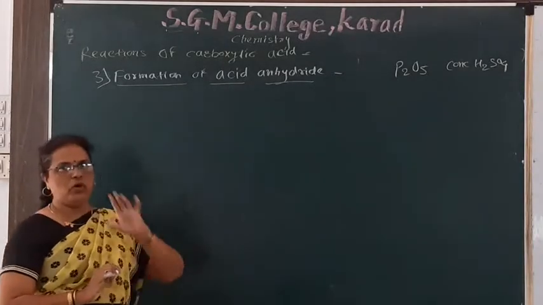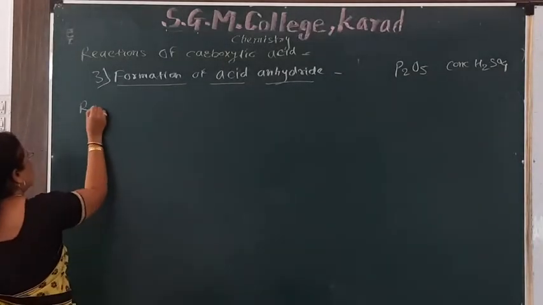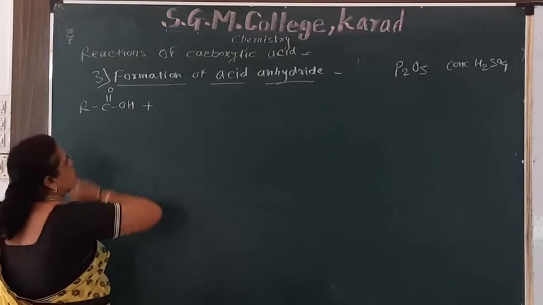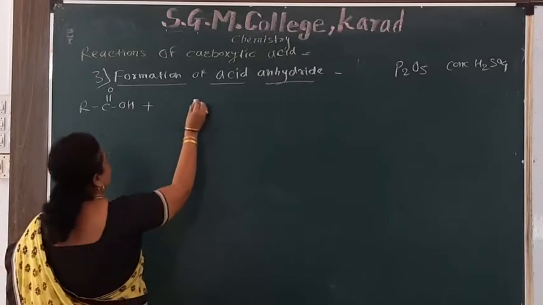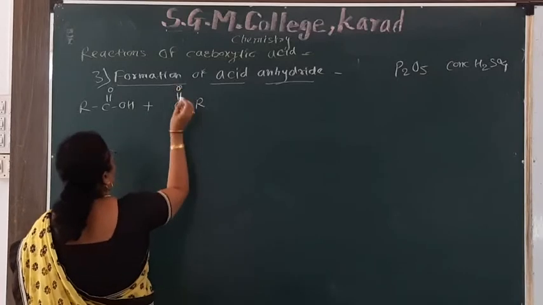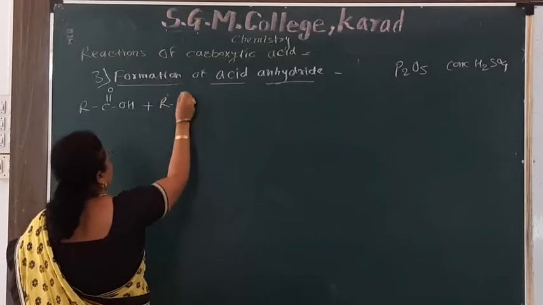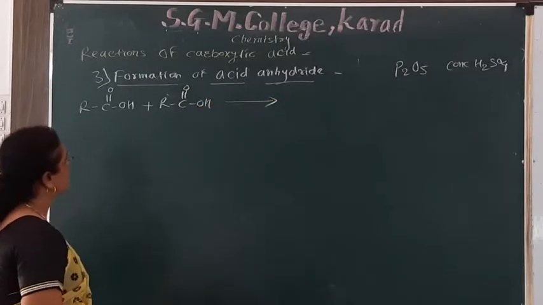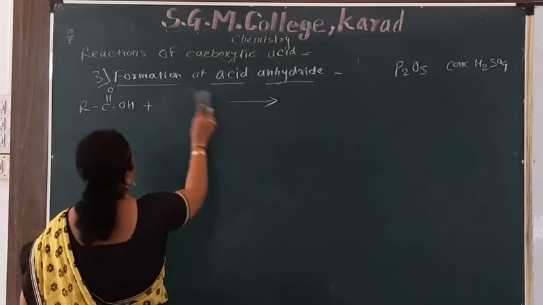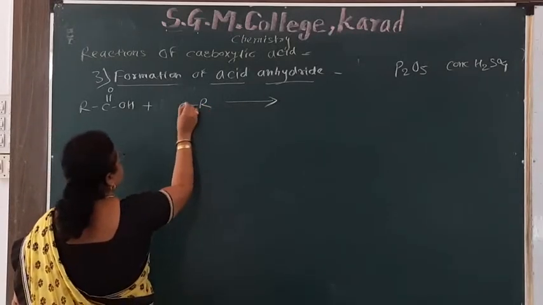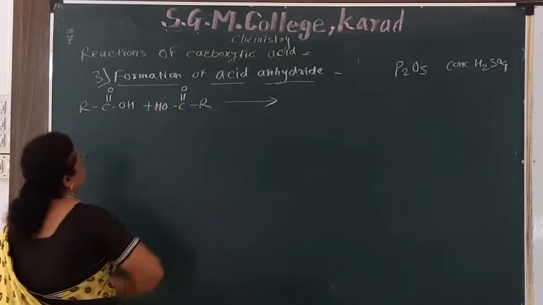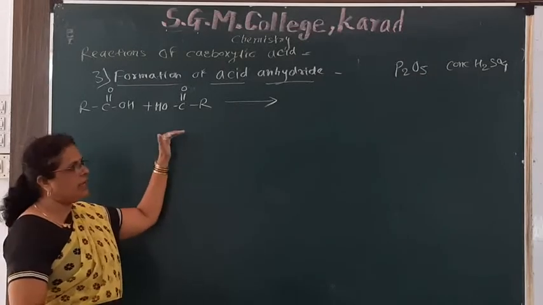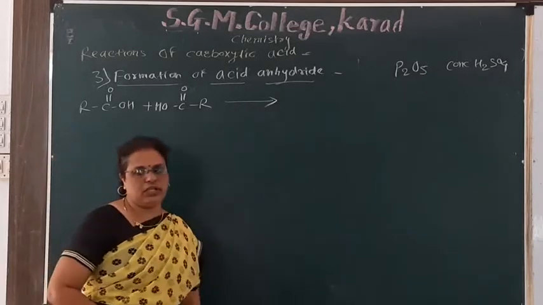Here two molecules of monocarboxylic acid, that is RCOOH, a carboxylic acid, plus another molecule of carboxylic acid RCOOH. Here these two molecules of carboxylic acid condense together with loss of water molecule.